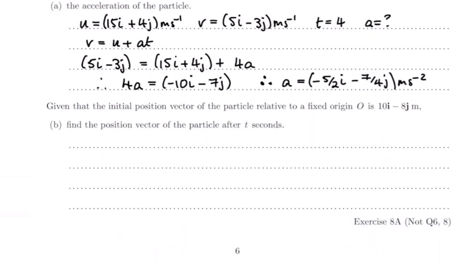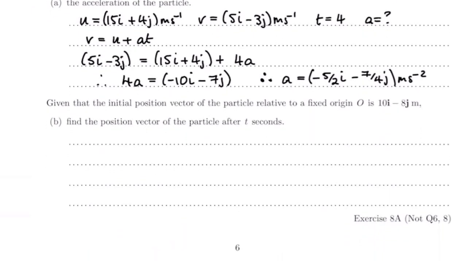The last bit just says, given that the initial position vector of the particle relative to a fixed origin is 10i minus 8j, find the position vector of the particle after t seconds. So we know the initial position vector.